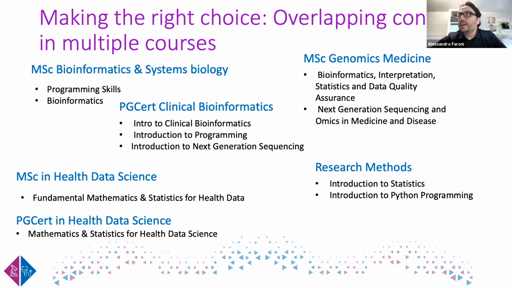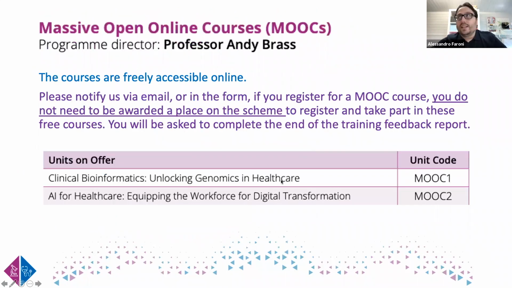Just a little bit of clarification. The research methods units, the 5 credit self-paced units, are actually not free. We do fund them, so you will need to apply to access those. However, the MOOCs, those two, are free to access, but we would still appreciate it if you let us know if you attend them, so that we know how many people we directed to those.